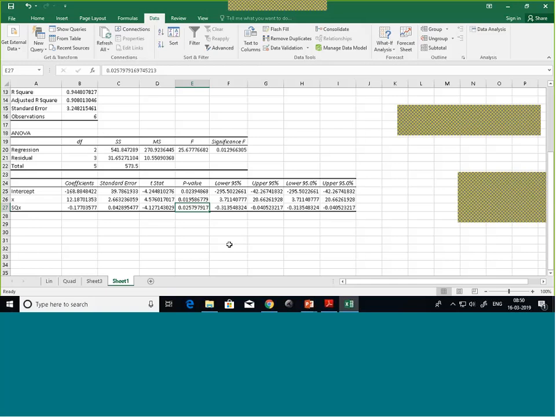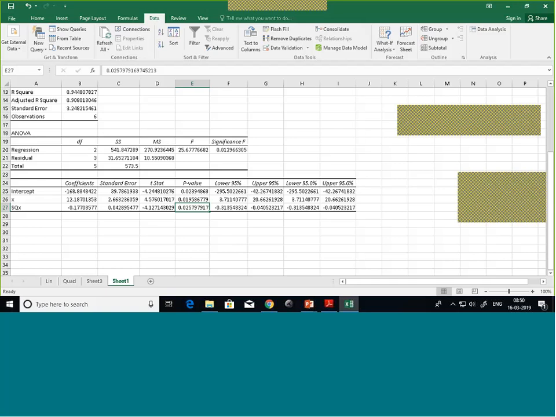Overall significance, yes, significance is there. Individual significances, yes, individual significances are there. So you can say that compared to the previous model, this is the best one. Yes or no? So this is the concept of generalized linear model.